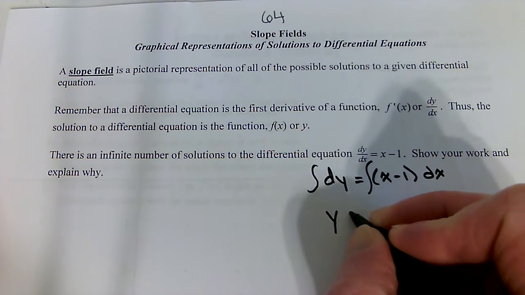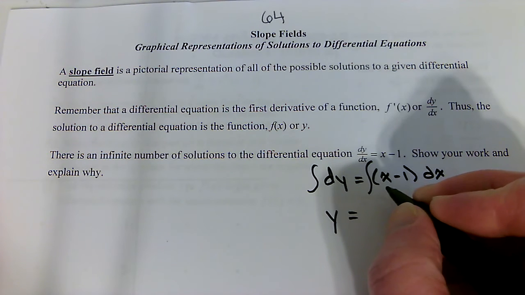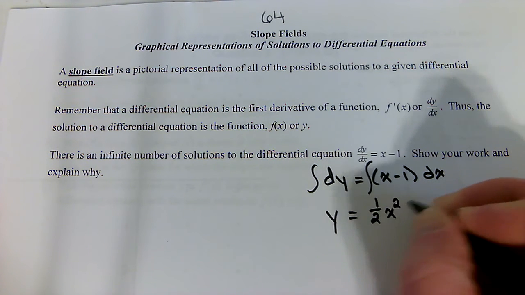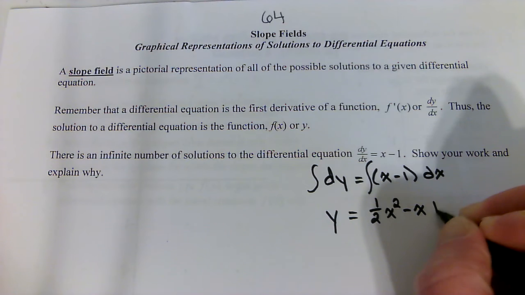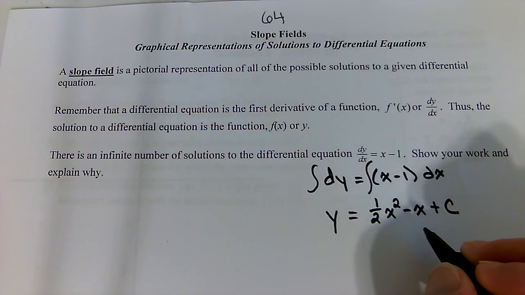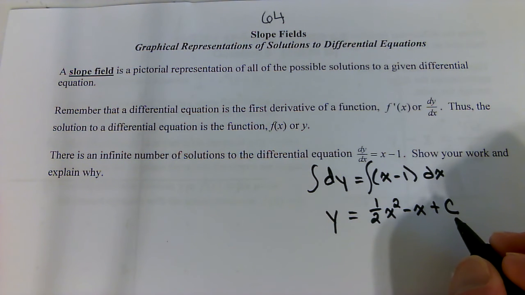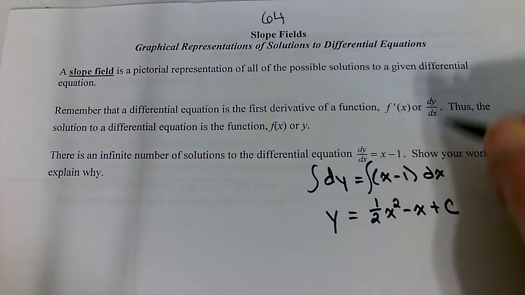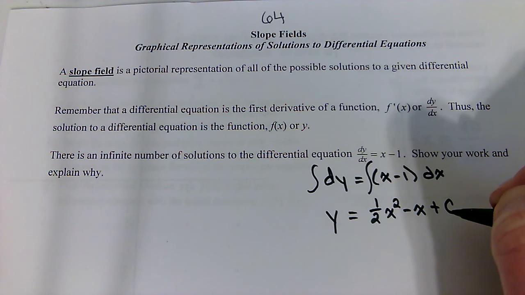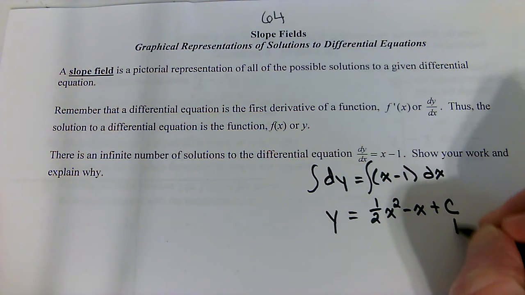That gives me y equals the antiderivative of x, which is 1/2 x squared minus x plus c. I have a quadratic that's shifted up and down infinite ways. There's infinite possibilities for c.